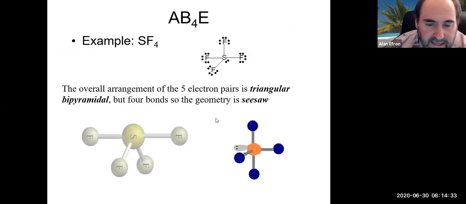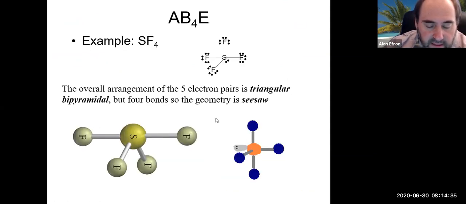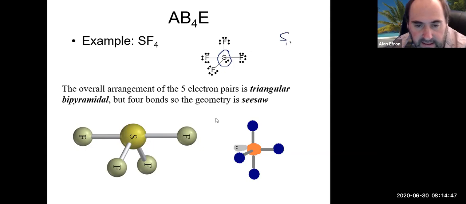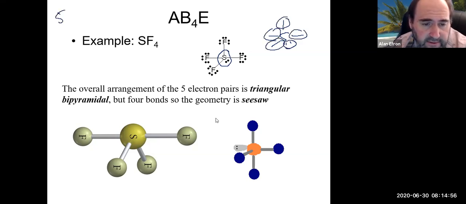The next geometry that we have, if we look at our central atom here, we're also having 5 electron pairs around our central atom. So again, if we look at it like this, we have 1, 2, 3, 4, and 5 electron pairs. We also have, in this case, 4 bonds.